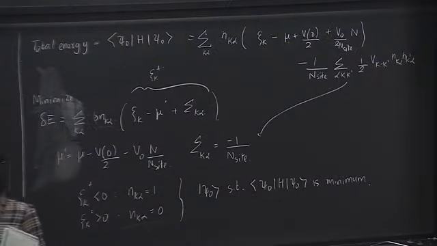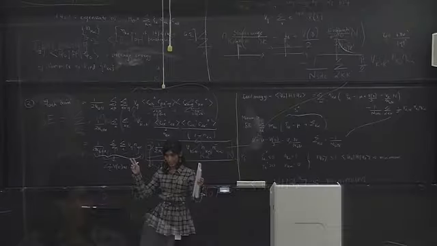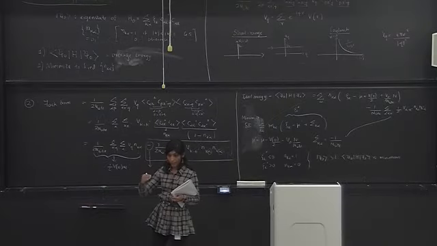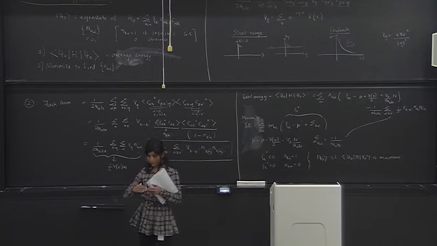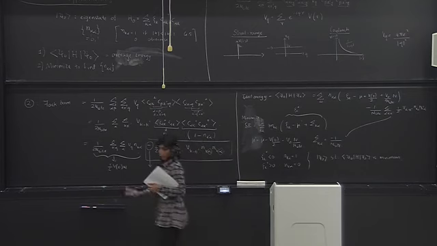I mean, into the ground state of the free Hamiltonian. Why is this a good approximation to the ground state of the full Hamiltonian? I will justify in a minute. But at the moment, you just think of it variationally, right? You know that you can always guess a state, and an energy that you calculate from it will always be an upper bound to the true ground state energy. So think of this as an upper bound to the true ground state energy at the moment.